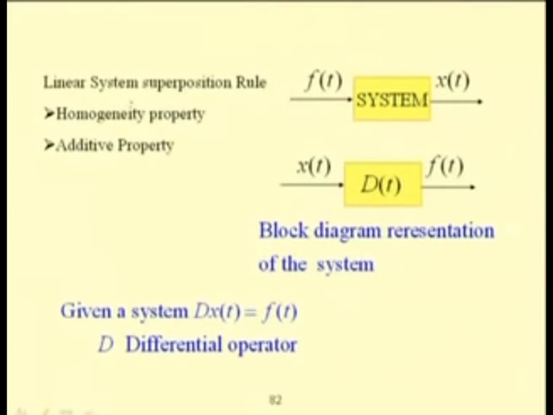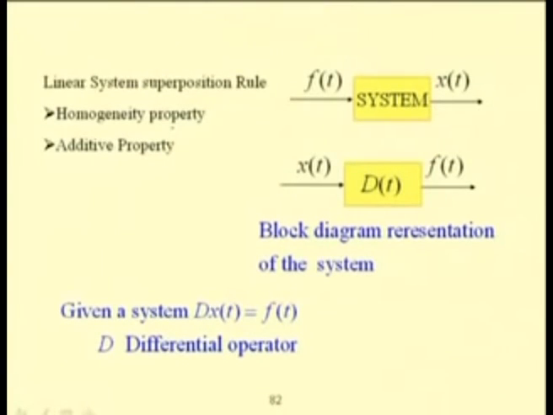In the case of a linear system, it satisfies both the homogeneity property and the additive property. For the homogeneity property, if for a given force F(t) the response is x(t), and we apply a force alpha F(t), where alpha is a constant, then the response would be alpha x(t).